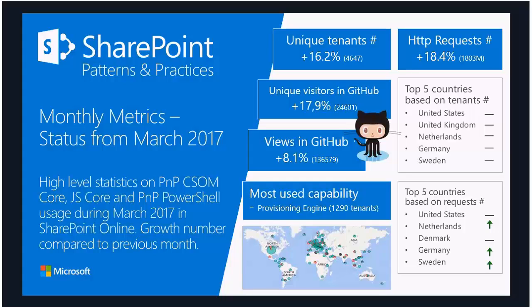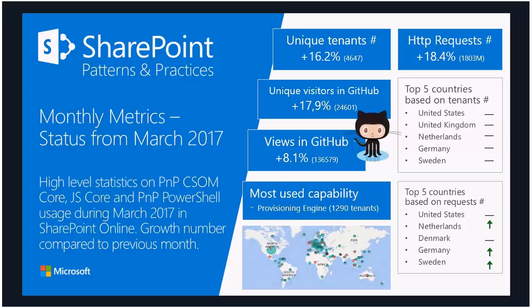And because we try to make a kind of a race between all of the countries, it is quite interesting to see that, for example, the Netherlands grew a little bit more than before, or that the Germany and the Sweden tenants are using the PnP stuff much more than before, and we're very happy to see that. More in general, as you can see, PnP is growing, and we are very happy because it is all based on a community effort, and so whenever we see these numbers growing, we can be really satisfied of the outcome.